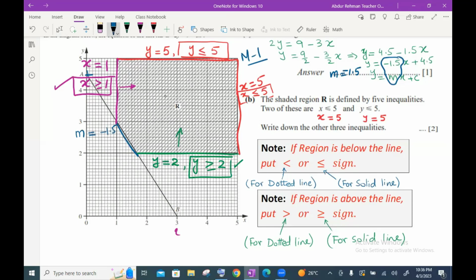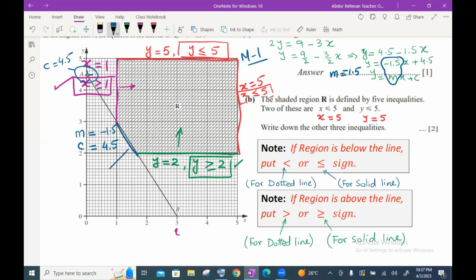And the y-intercept C for this line is where it intersects the y-axis at point A, which is 4.5. So C equals 4.5 here. Look at the original diagram, C equals 4.5.